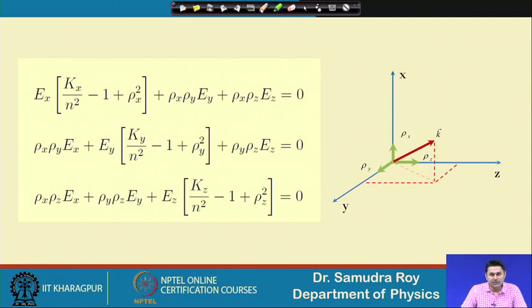This equation was already derived in the previous class, so I am not going to derive it once again, but this is the basic equation that we have, and we need to find the solution of E x, E y and E z with the condition that rho x, rho y, rho z is given.